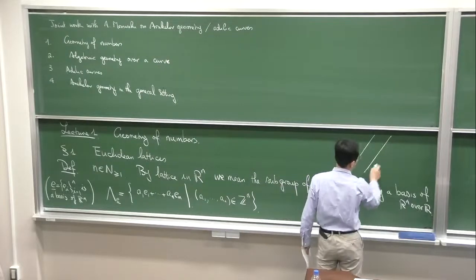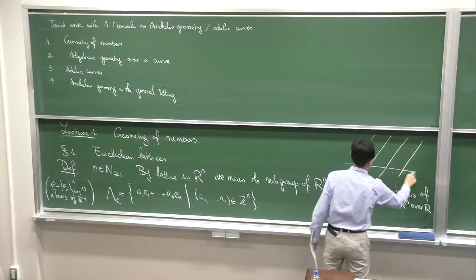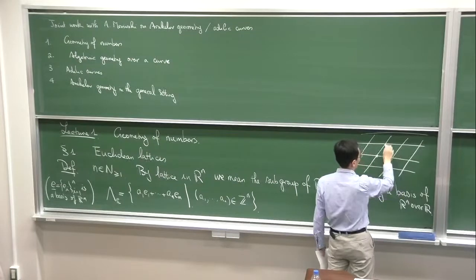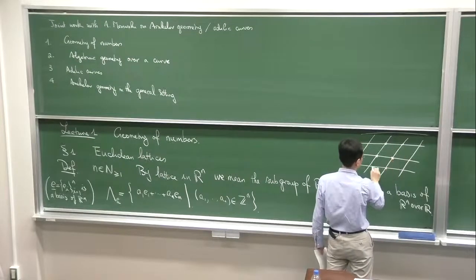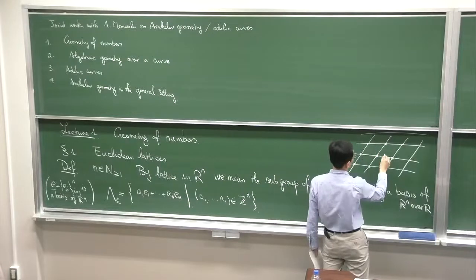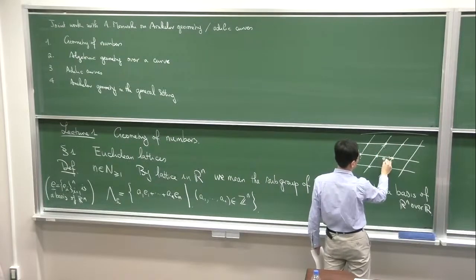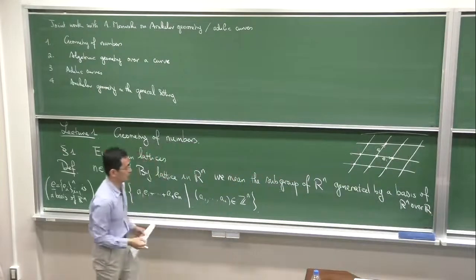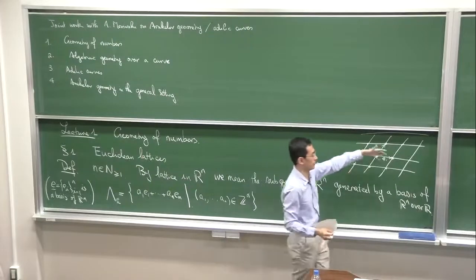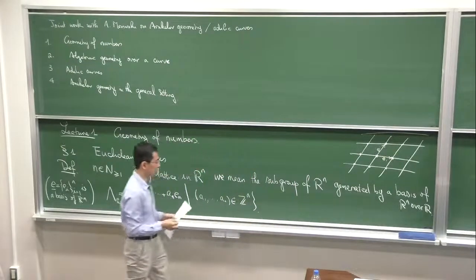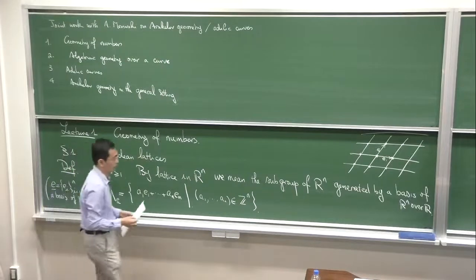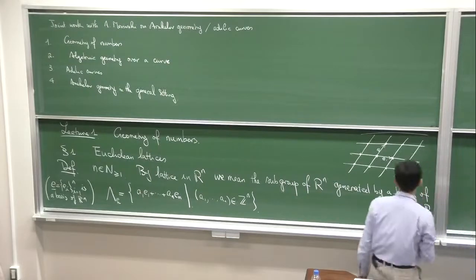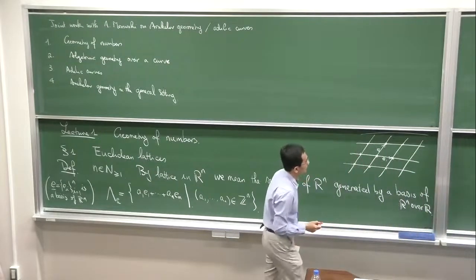I can draw a graph in the case where n is 2. Please ignore the lines; just these points are points in the lattice. Here I take a basis e1 and e2, and the integral combinations of this basis provide the points in your lattice. Of course, you can find another basis which generates the same lattice.